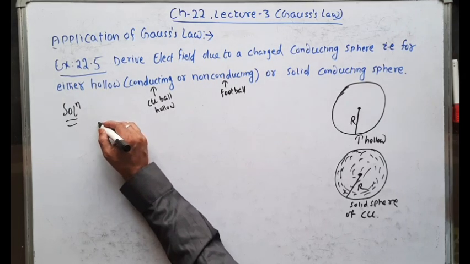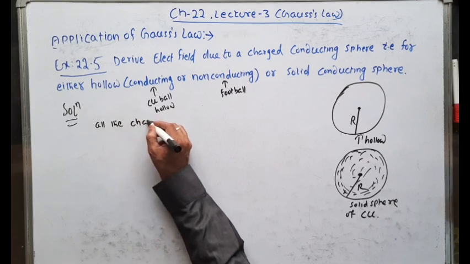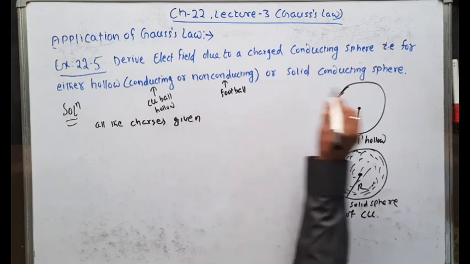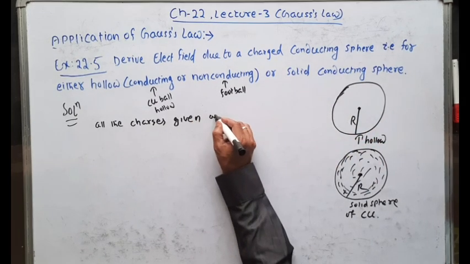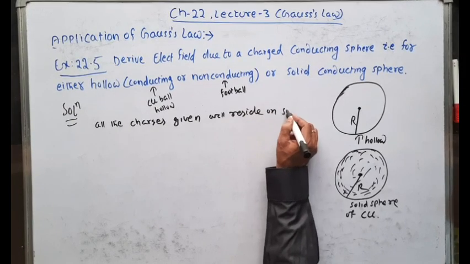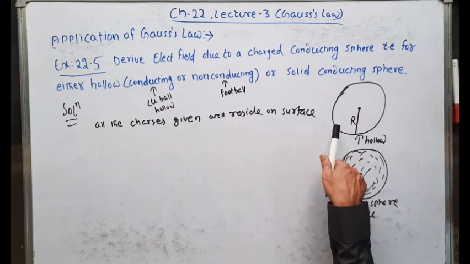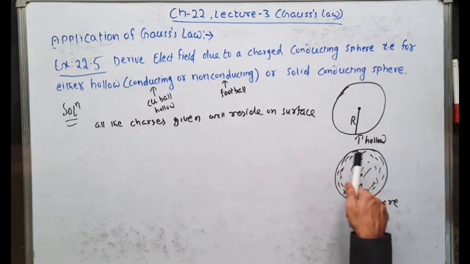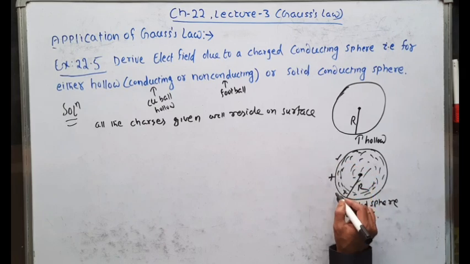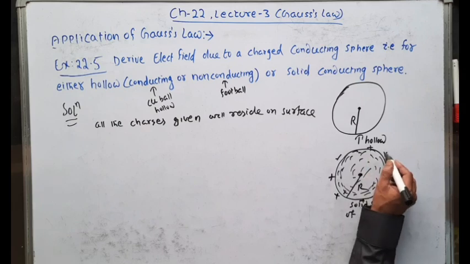So all the charge given to this sphere will reside on the surface, whether it is a hollow conducting, hollow non-conducting, or solid conducting sphere. All the charge will reside on the surface of the conductor.